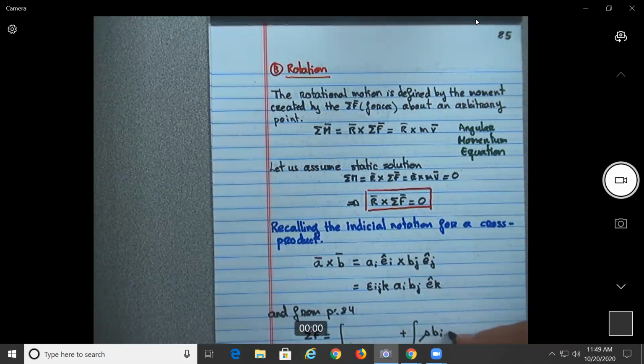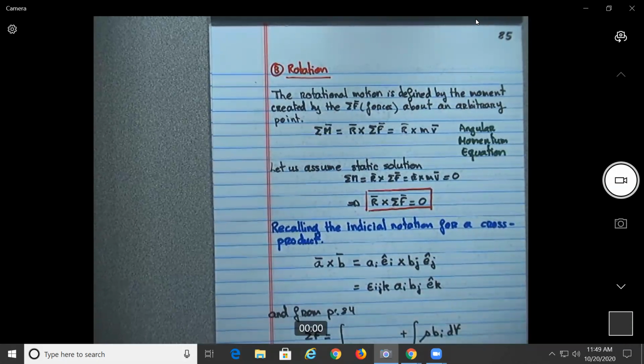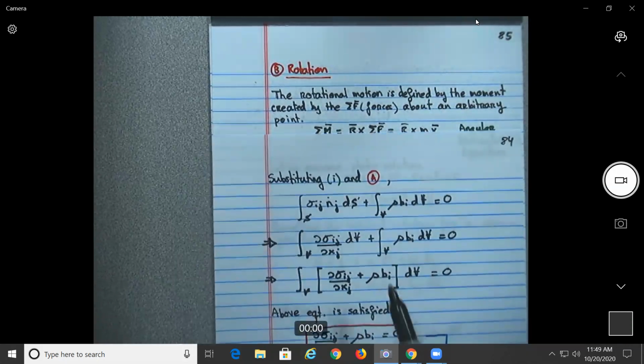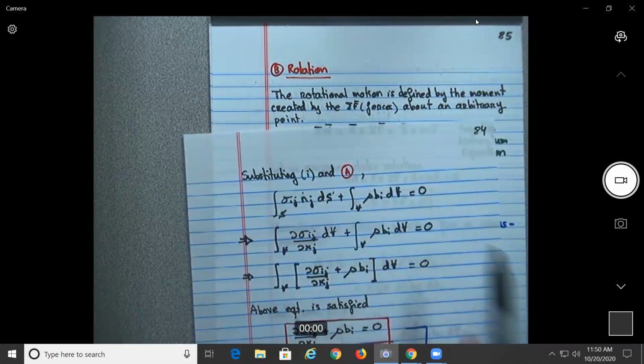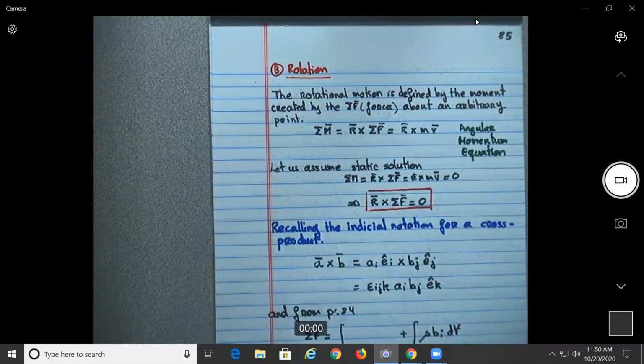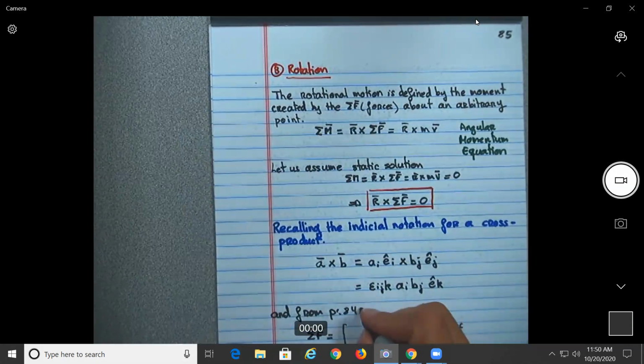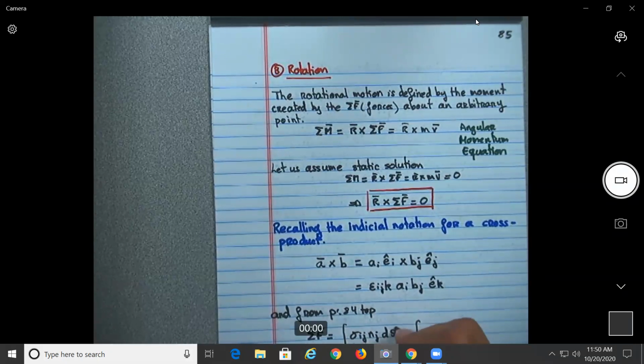Okay, I'm going to go to the index one really. It's now page 84. I'm going back to page 84, but I'm going to go to this expression here. So page 84 top, that gives you sigma ij n j dS.